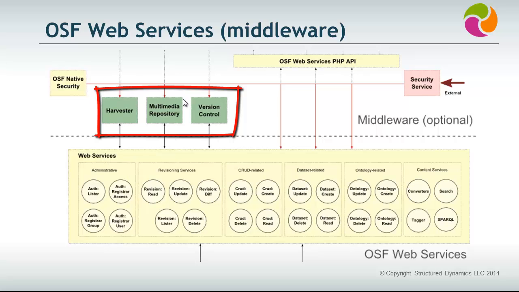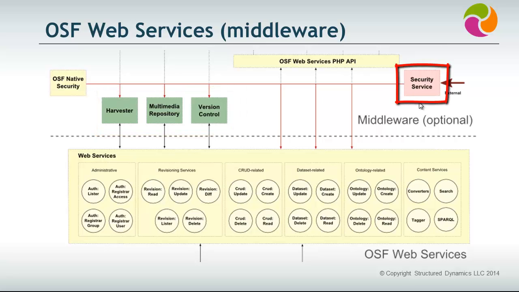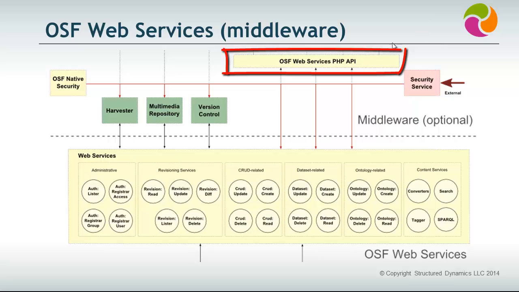These are shown in green. Things like harvesters or web crawlers, multimedia repositories, version control systems, and then also security services, which some enterprises may want something a little bit further than what the standard security layer is within OSF. And then for developer purposes, there's also an API layer that enables you to go directly to these web services via API calls, as opposed to strictly with web service RESTful requests.